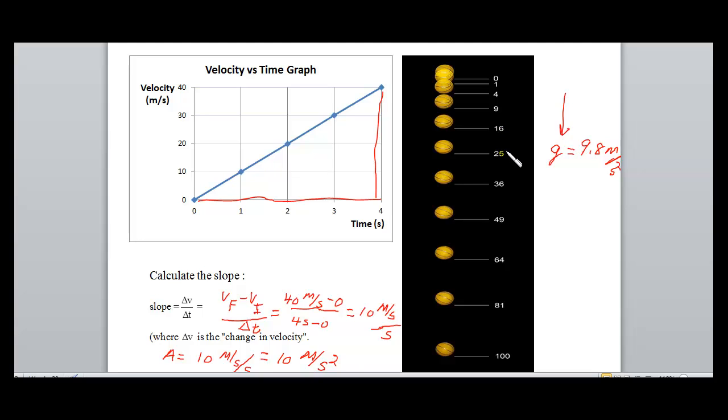And the reason why it's going faster and faster is because it's undergoing a constant acceleration due to gravity. And this value is around 9.8 meter per second squared on Earth, and we round it oftentimes to simply 10 meter per second squared when we solve problems. But objects, when they undergo free fall motion, that is, when there's no air resistance, always undergo a constant acceleration due to gravity.